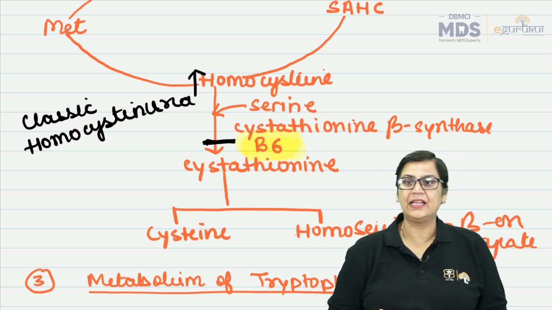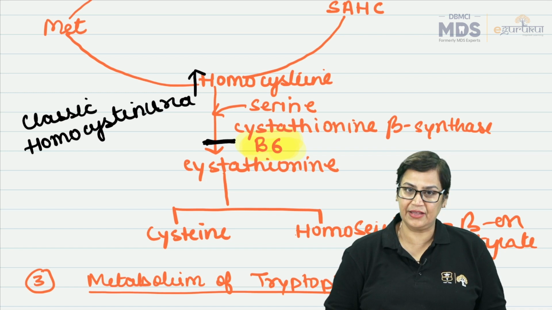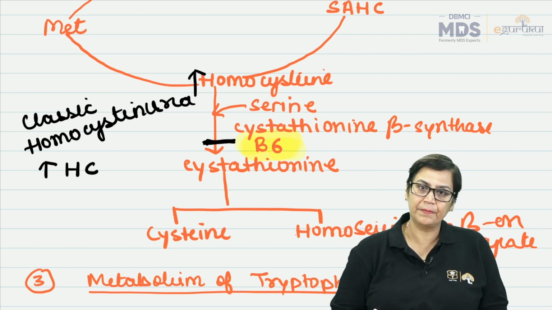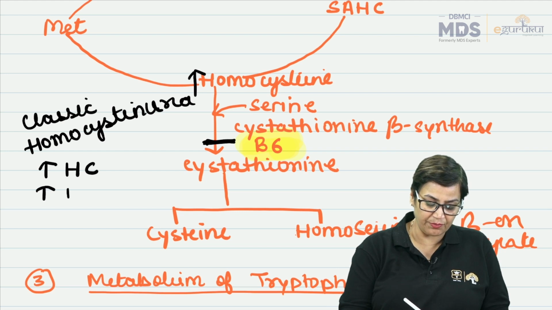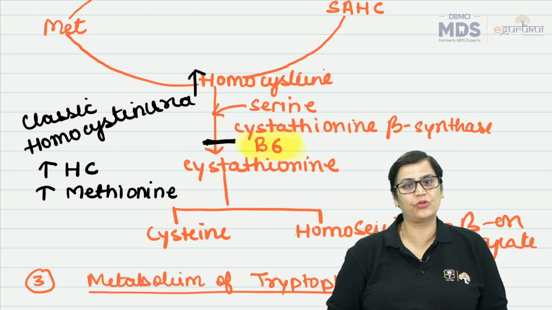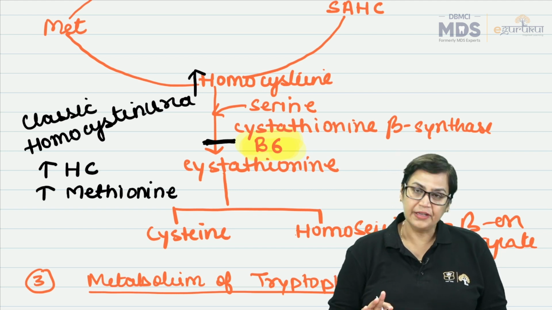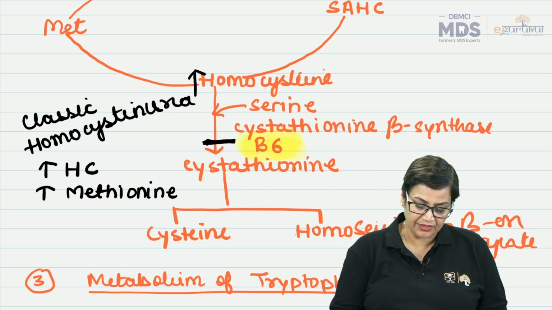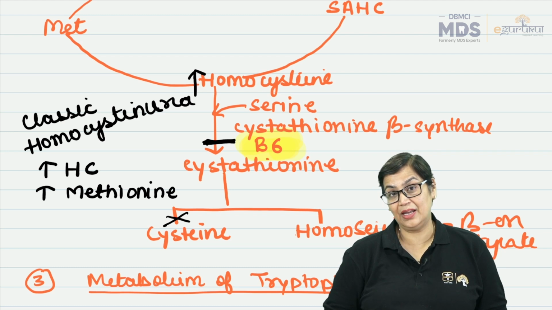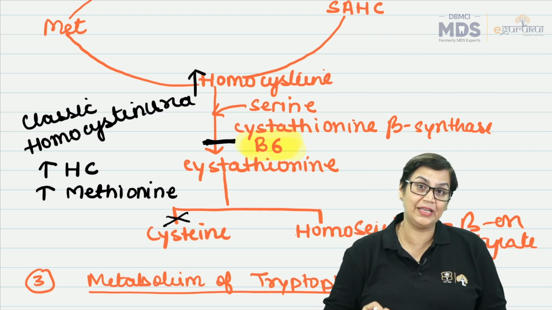So we can say that if B6 is deficient, classic homocystinuria is there, in which increased concentration of homocysteine is there, increased concentration of methionine is there. And this is detected by nitroprusside test. Clear? And you can say no cysteine will be produced also. Cysteine nahi banega, cystine nahi banega. Matlab you can see one thing is related to so many other things. And that is what is the importance of these vitamins.